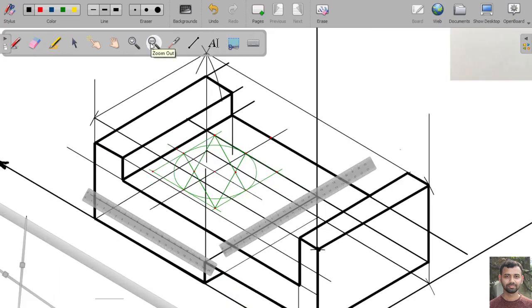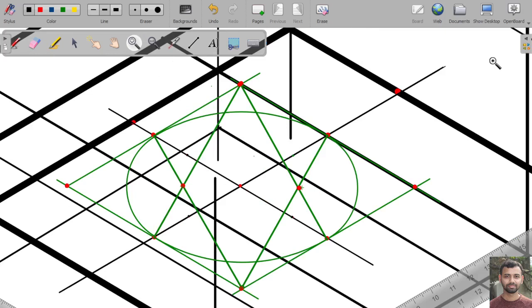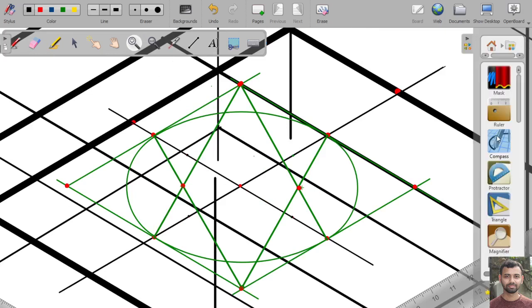Now you can do one thing. You can make the circle a little bit thicker, as it is the outline, so that it can be easily seen.